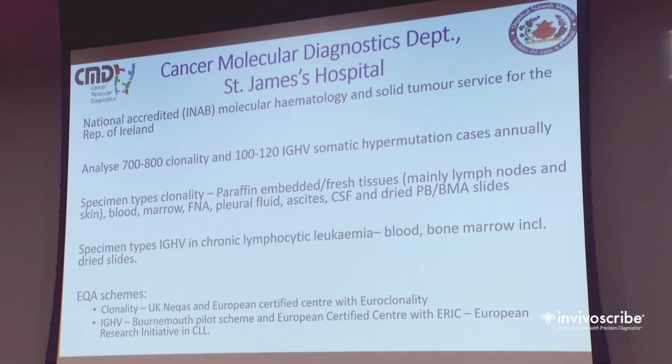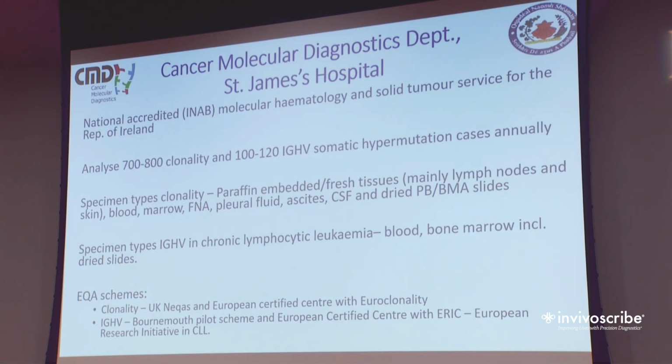So our experience in clonality, I myself have been doing it for about 20 years. We analyse about 800 cases annually of clonality, more T's than B's, and approximately 120 cases of somatic hypermutations. So most of the samples I see for clonality, a lot of them will be paraffin-embedded material, but we also look at a variety of other samples that I've listed there for you.